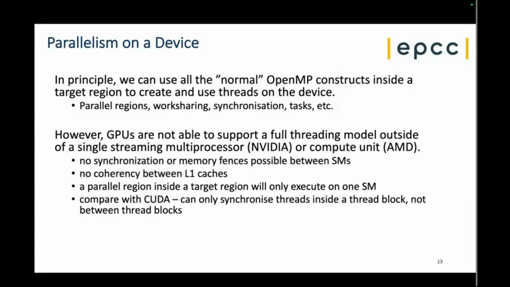So you can only synchronize across threads in the same compute unit. You cannot do any communication between threads on different compute units except for reading data from global memory. So that means you can't have barriers, you can't have all of these constructs.